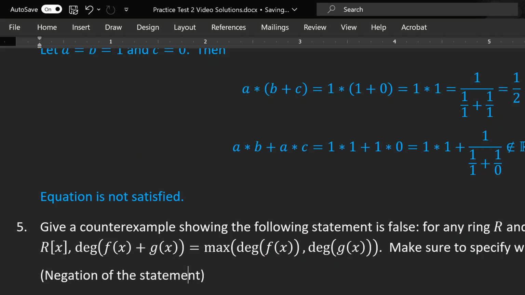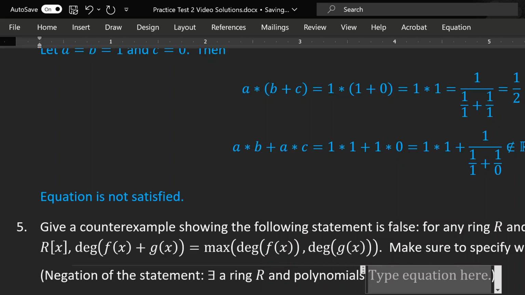So the negation of the statement is, we're going to turn this "for any" into "there exists". There exists a ring R and polynomials in the polynomial ring made from that, so f of x, g of x in R[x].